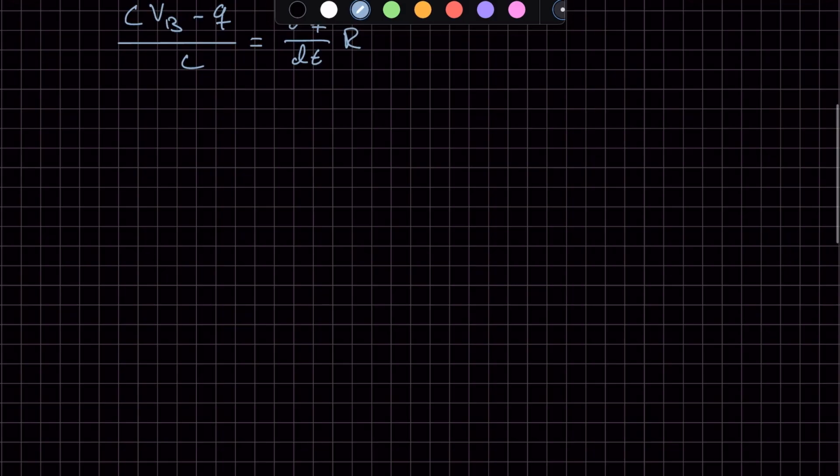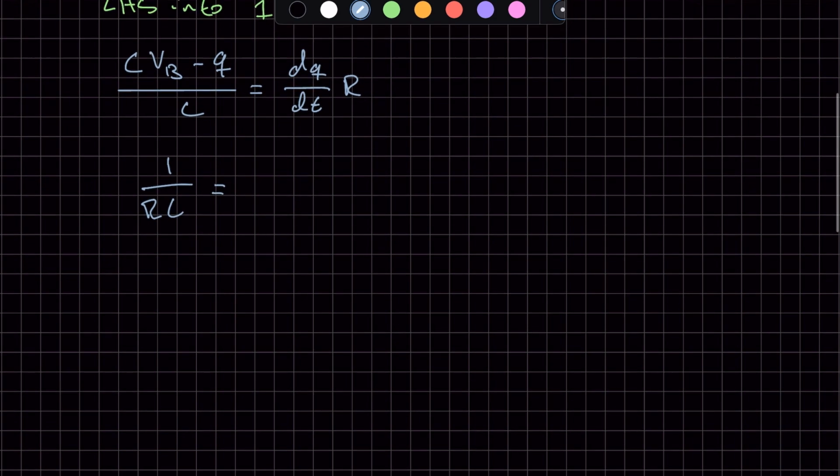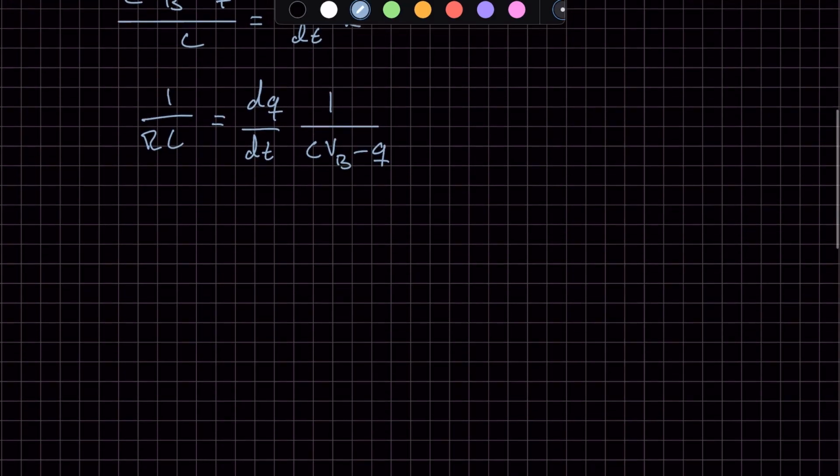So we're going to get 1 over RC is equal to dQ/dt times 1 divided by (C V_B minus Q).